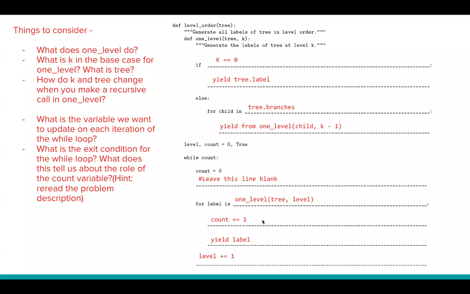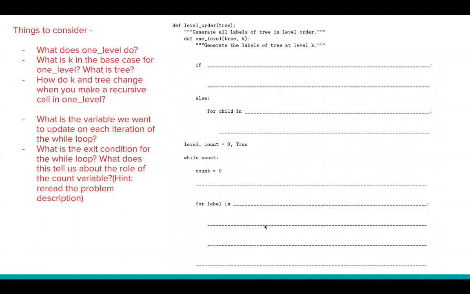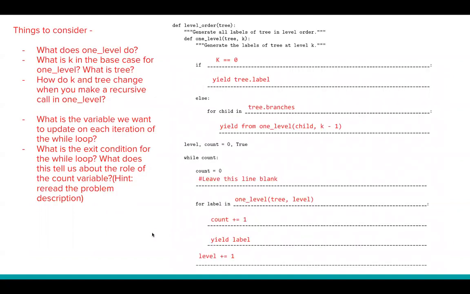And then the next time you're going to have for label in one_level(tree, level 3). The problem is, notice that there is nothing at level 3. Nothing exists in level 3, which actually turns out to be our base case. Because when you iterate through one_level at level 3, it will return an empty list, meaning that for label in an empty list will just return nothing, you won't yield any labels, and it'll stop there.